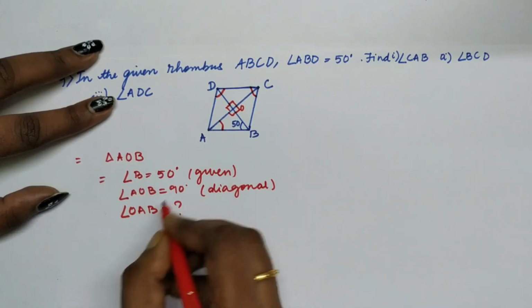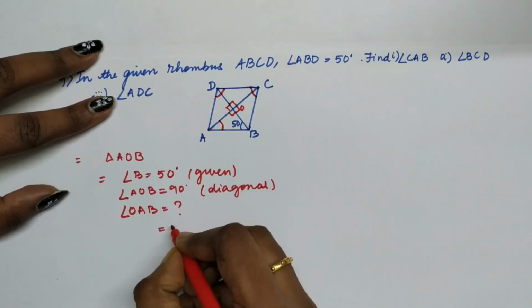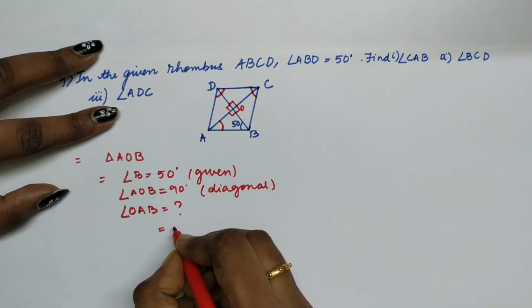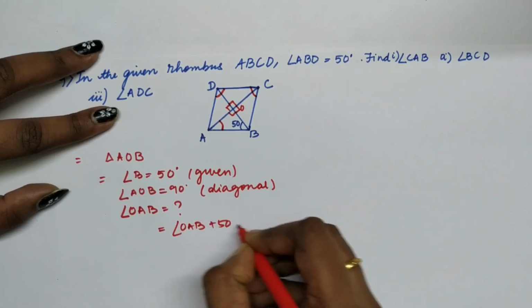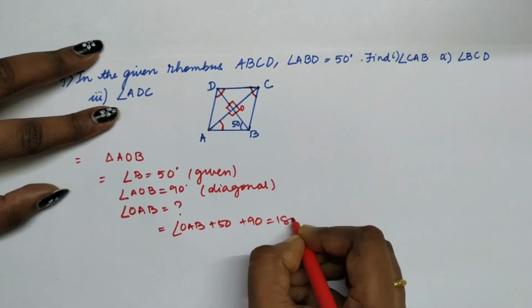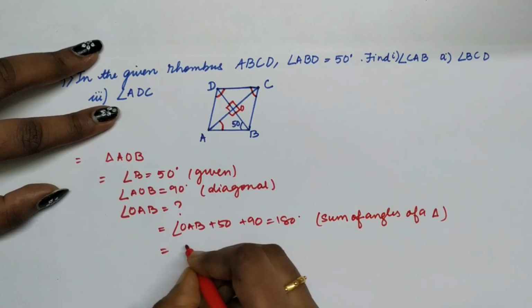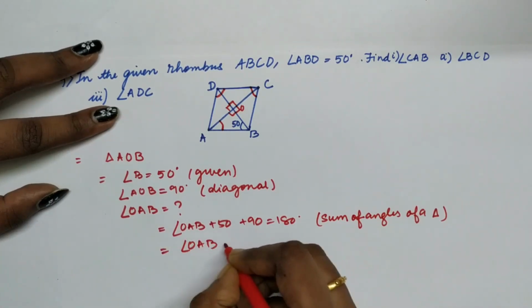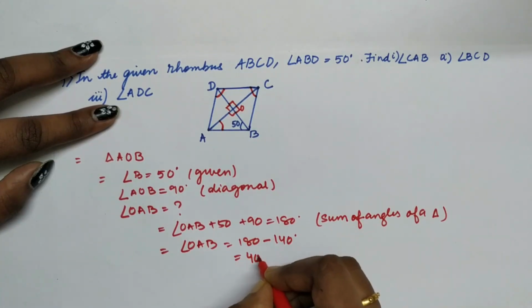So you know that the sum of the three angles of a triangle is 180 degree. So I can write this angle OAB plus 50 plus 90 degrees equal to 180 degree, sum of angles of a triangle. So I get angle OAB as 180 minus 140, that is 40 degree.